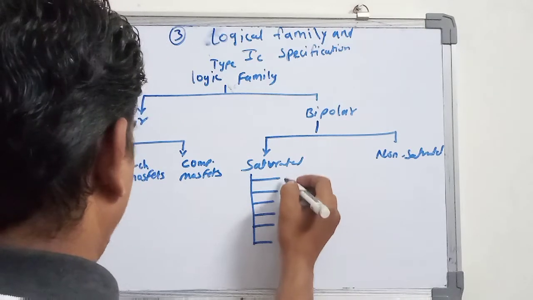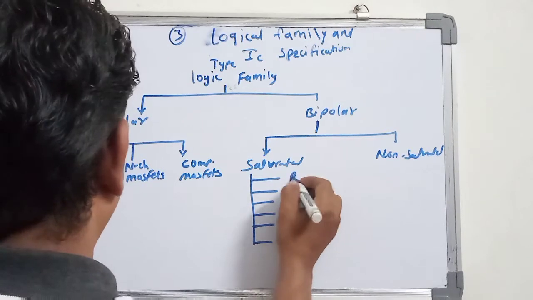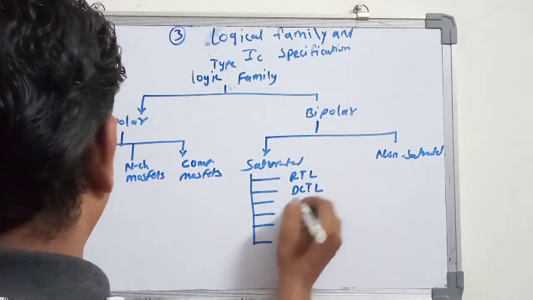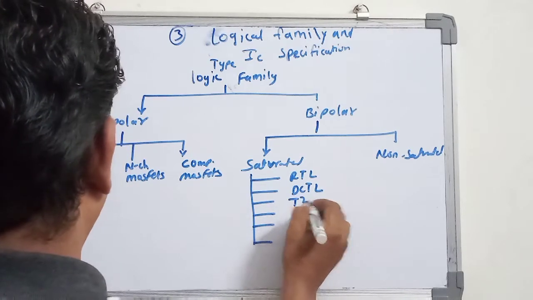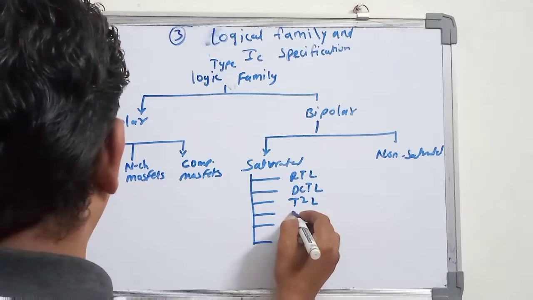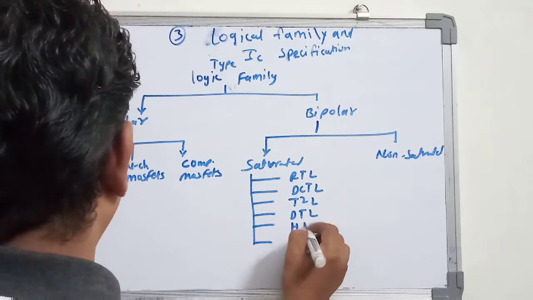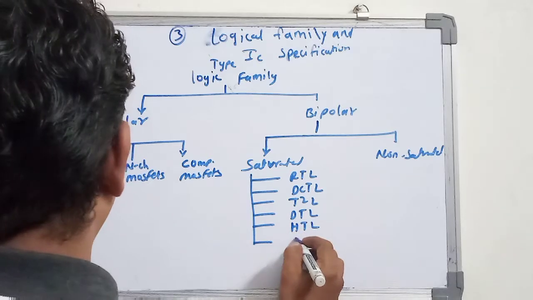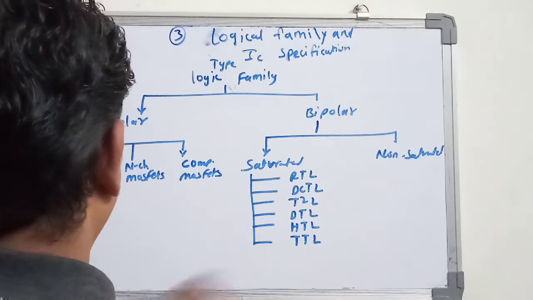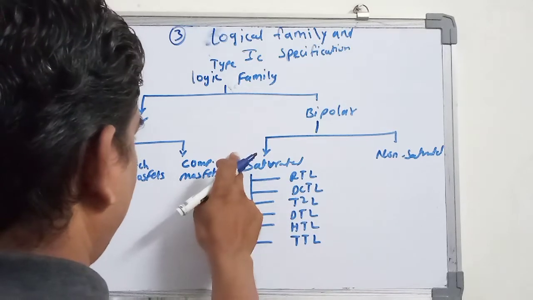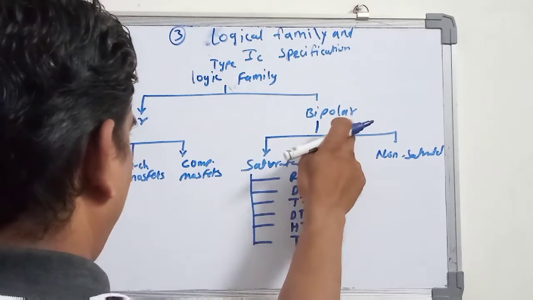So these are the six types. First is the RTL, second is the DCTL, the third is the T square L, then fourth is the DTL, then fifth is the HTL, and sixth is the TTL. Okay, so these are the six types which has been classified according to the saturated in the bipolar.